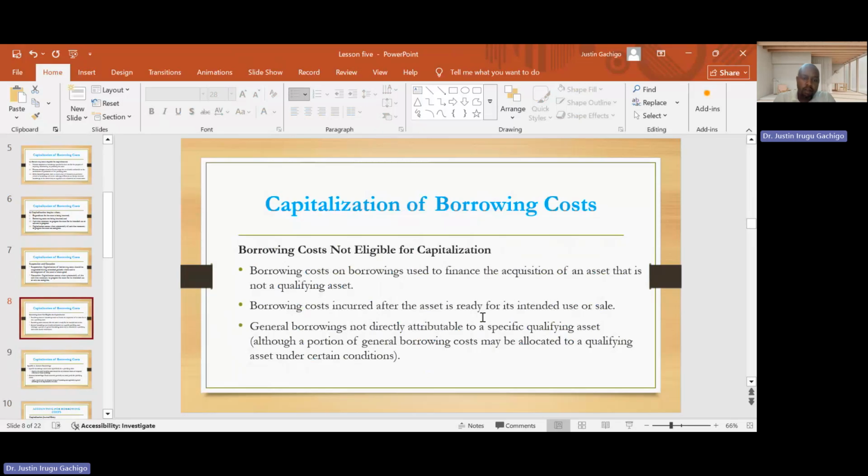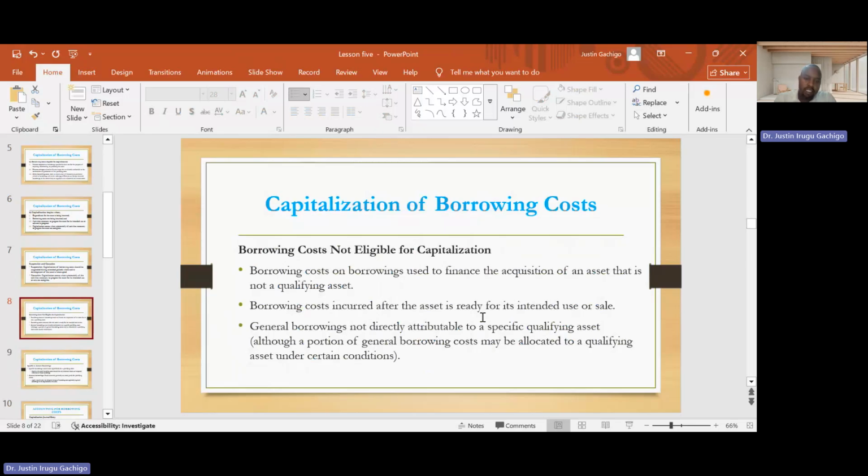Then we have the borrowing cost incurred after the asset is ready for its intended use or sale. So if there is any expense that is incurred, that's the borrowing cost that is incurred after the asset is ready for its intended use or sale, then that is not capitalized.